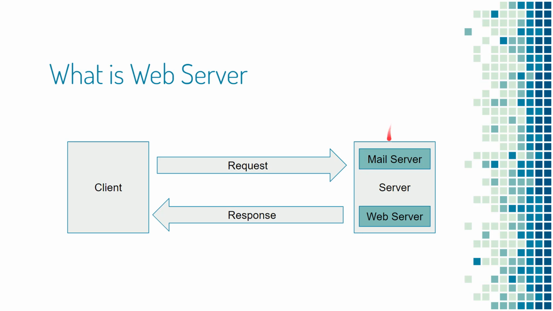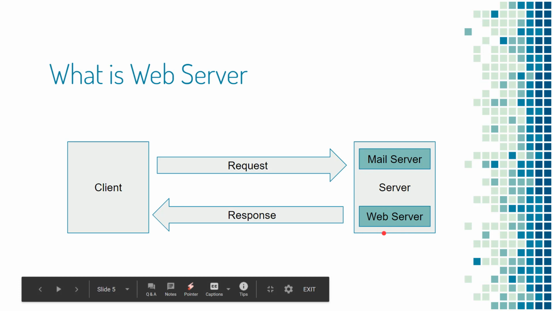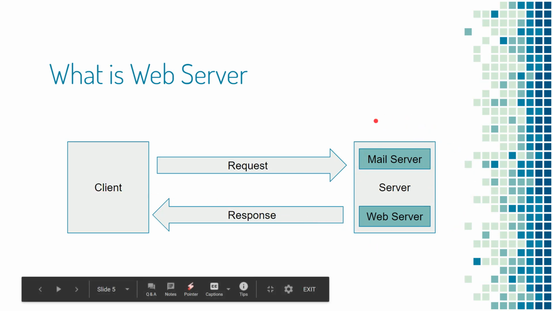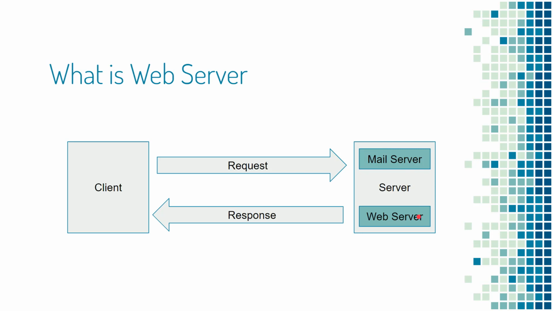We can have an isolated mail server and an isolated web server. But at the end of the day, from a client perspective, this is just a server. Okay, so the web server has the capability to listen to all the requests.